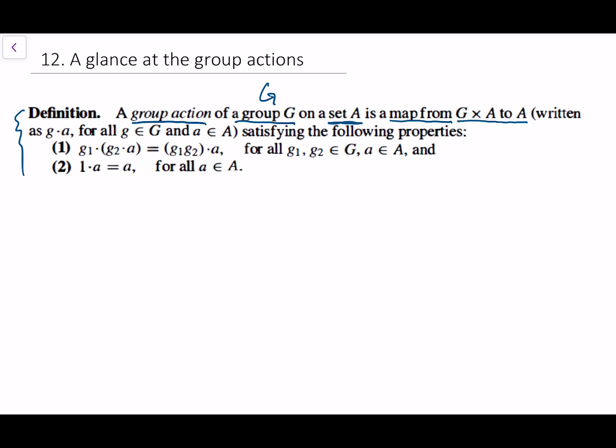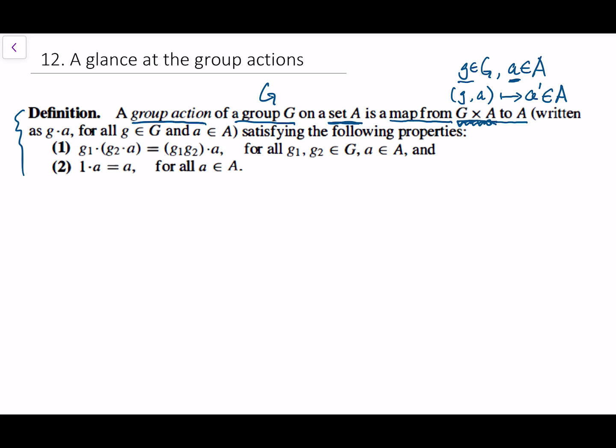This map takes an element from the direct product of G and A, in which small g is the group element from capital G and small a is the element of the set A. Then we map the ordered pair (g, a), which is an element of this direct product, to some element, maybe a prime, in the set A. So this is the map of the group action.